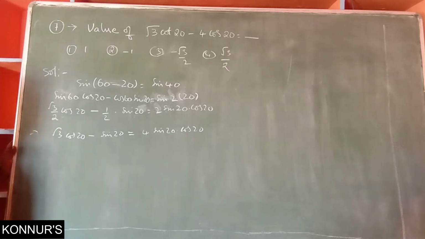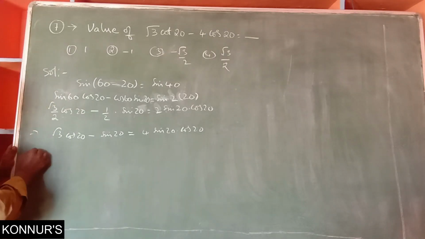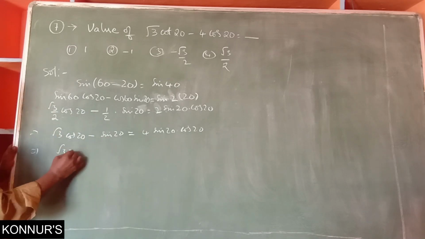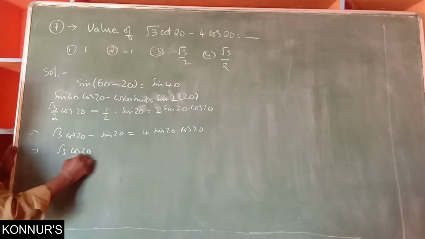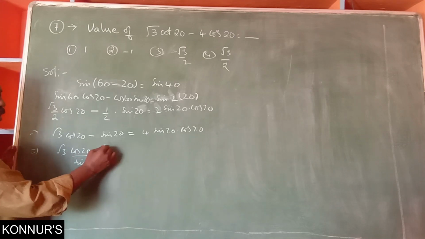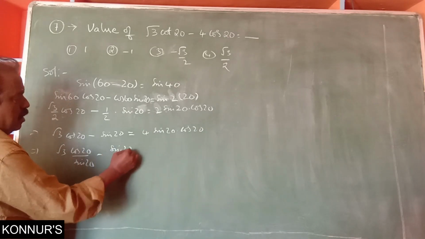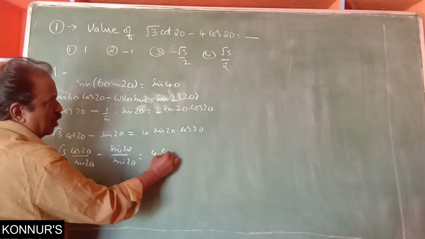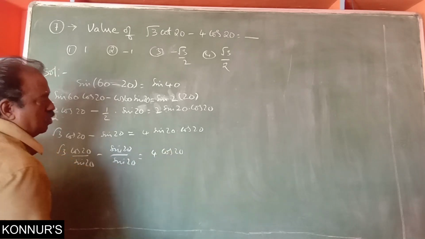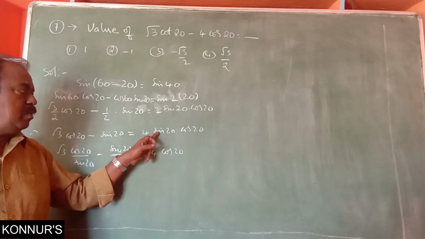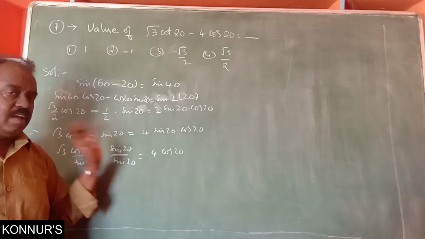Will you agree? Now, we divide both sides with sin 20. Sin 20 and sin 20 cancel, and we get 4 cos 20.